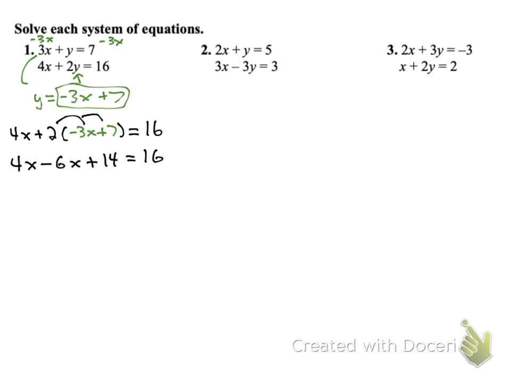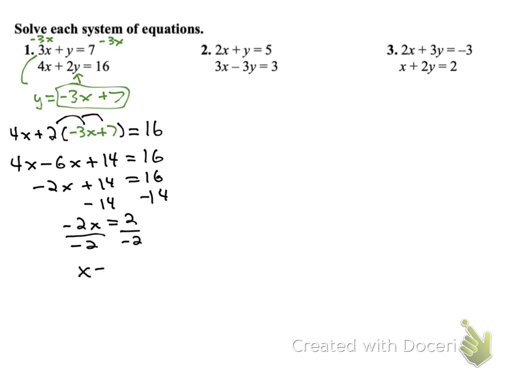Combine like terms. Negative 2x plus 14 equals 16. Subtract 14. Negative 2x equals 2. Divide by negative 2. x equals negative 1.